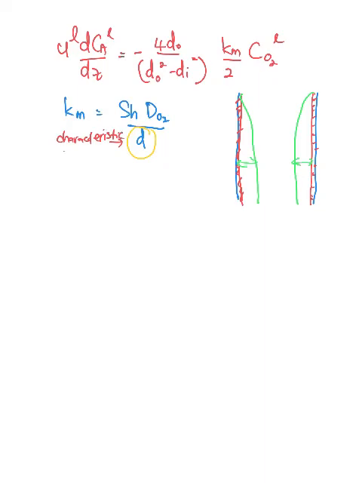Therefore, the characteristic diameter where the reaction occurs is equal to the thickness of the film, which is 0.1 centimeter.